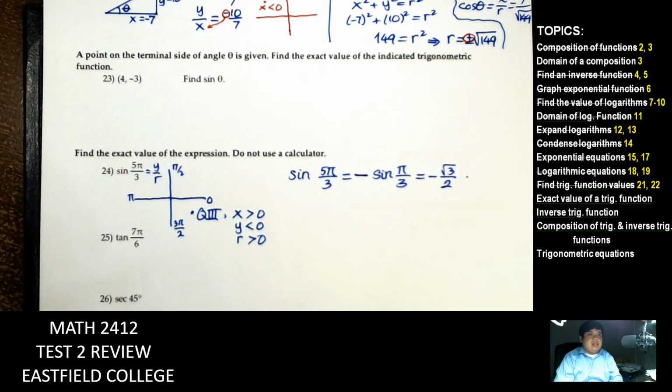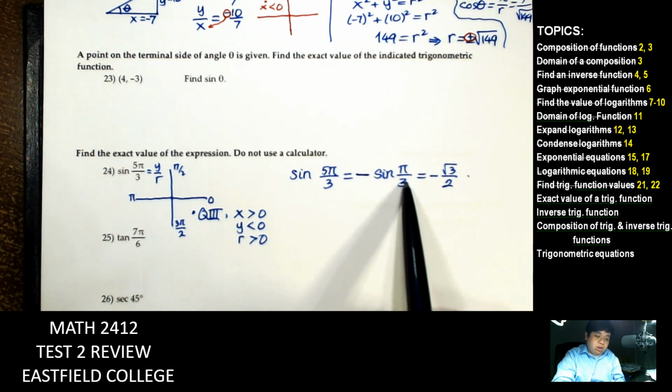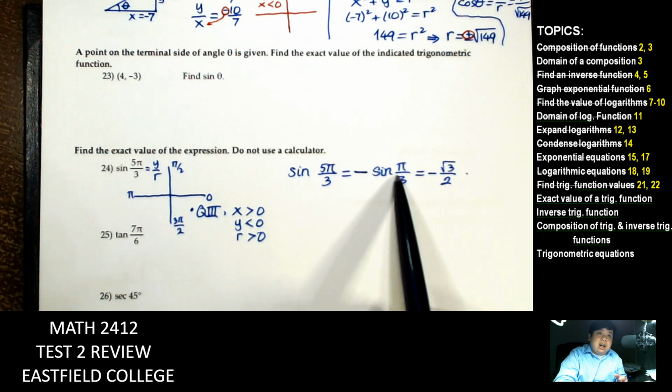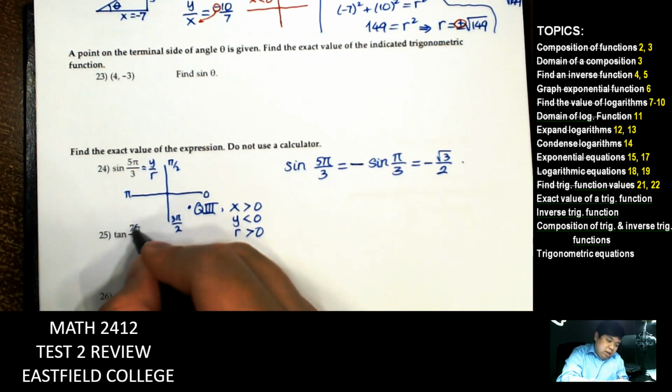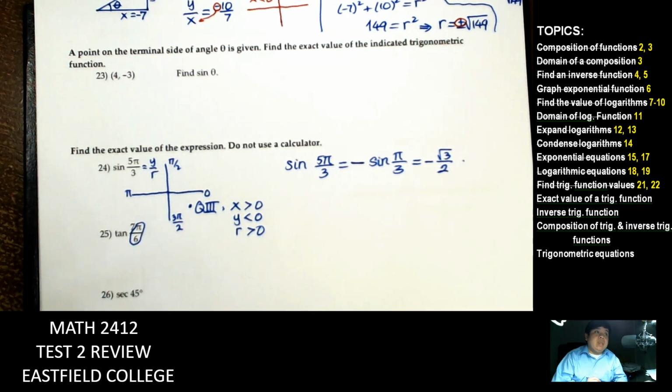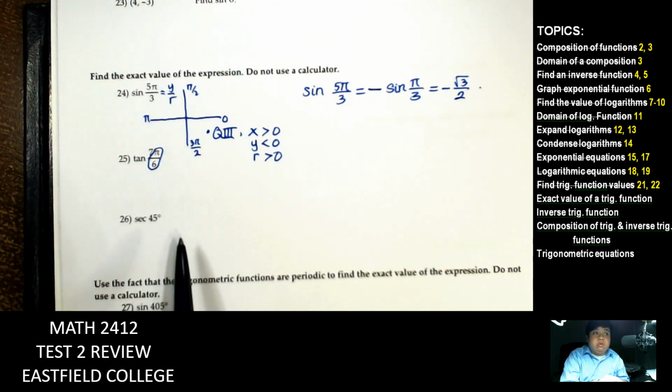And that's pretty much that. So we just need to determine two things: what quadrant it is, which will tell us if it is positive or negative, and next, the reference angle. The reference angle is whatever it is divided by the same number. So I would say the reference angle of this problem is going to be pi over 6. The reference angle of this problem is 45 degrees.